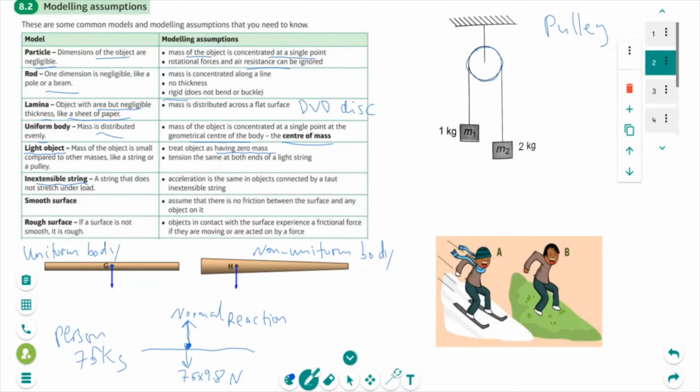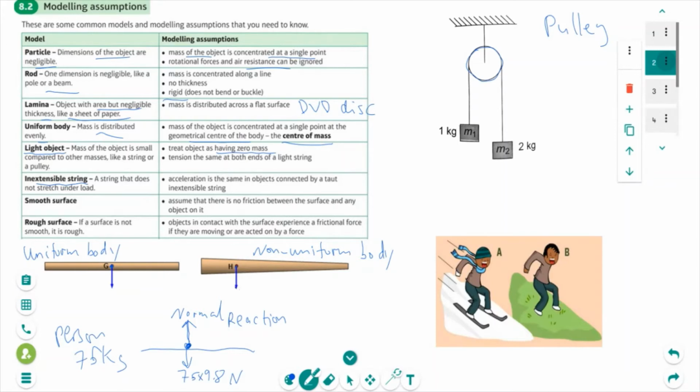If I drop the masses, what will happen? The second one pulls down the string. So one will go down and the other will go up. The heavier one will go down.